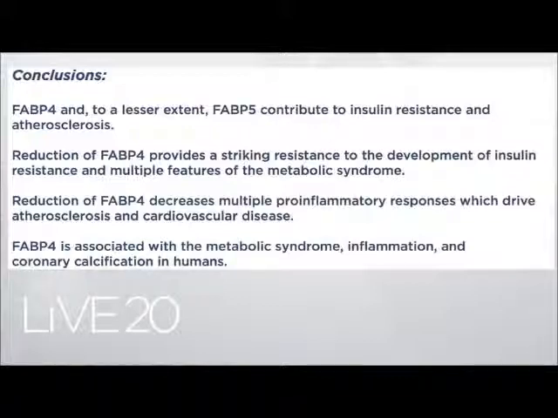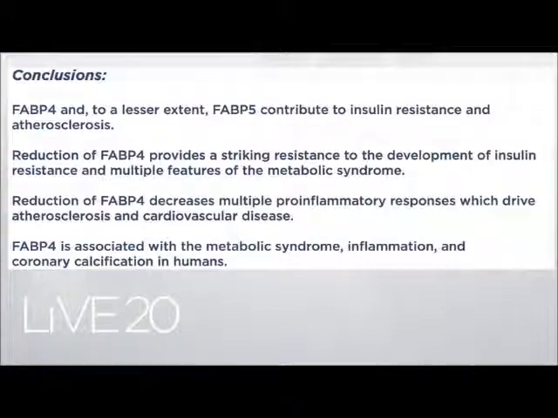All right, that's powerful. In this paper, they could lower FABP4 by genetic manipulations, things that we can't do to ourselves, but we can do to animals in a lab, and it provided resistance to metabolic syndrome. And at the bottom there, FABP4 is associated with metabolic syndrome, inflammation, and coronary calcification in humans.